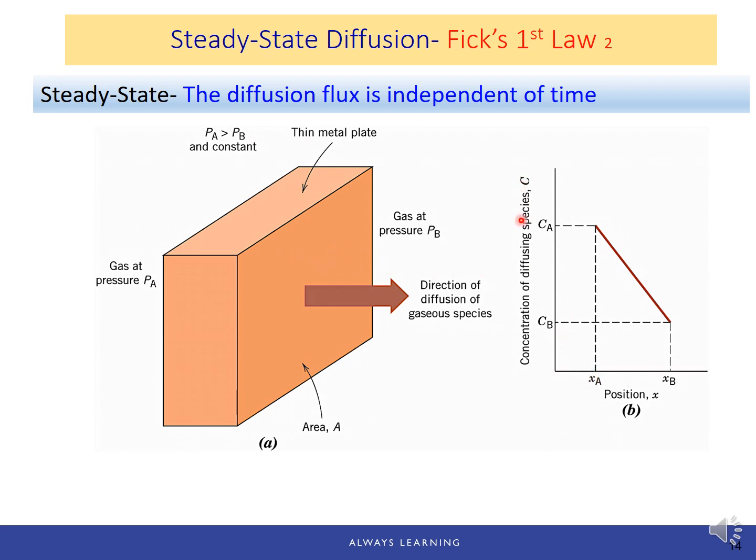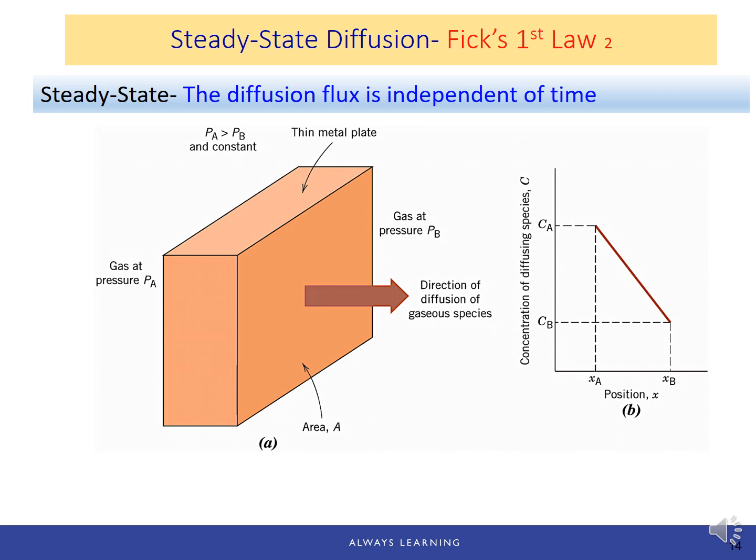The concentration profile, the concentration of the diffusing species, we use the letter C. This concentration plotted with position X is a linear relation, and it always looks like this. This profile doesn't change with time.